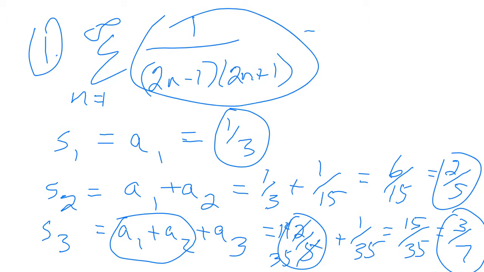So really what this infinite series equals, if we write this out, is 1/3 plus 2/5 plus 3/7 plus, now we're kind of seeing a pattern. What do you think the next one might be?